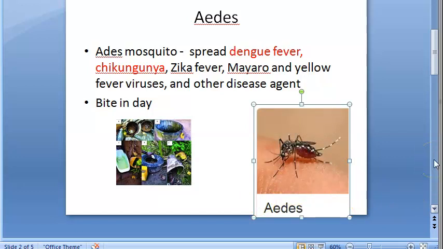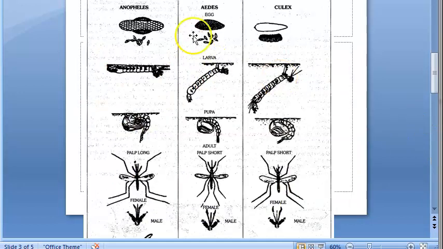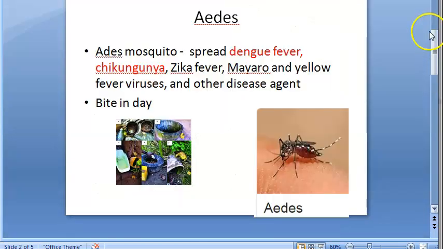They have white bands on their legs, they are called tiger mosquito, and you have seen that they lay eggs singly and the larva has the siphon tube. Differences between adult male and female have been shown here. Then their resting position: they rest parallel to the surface.